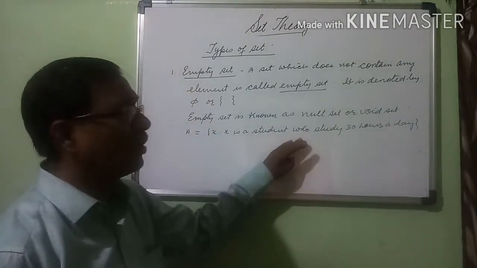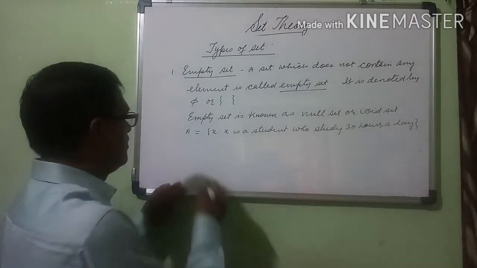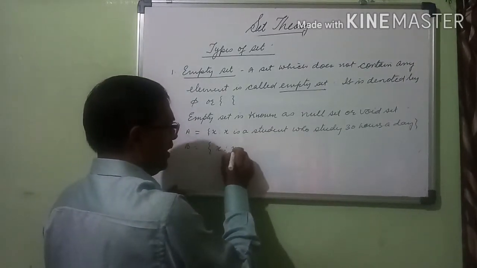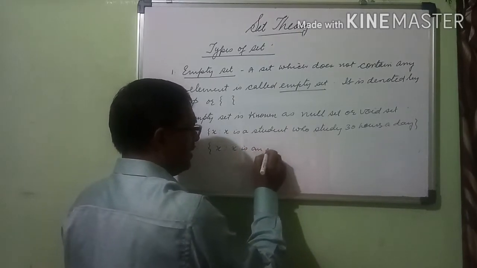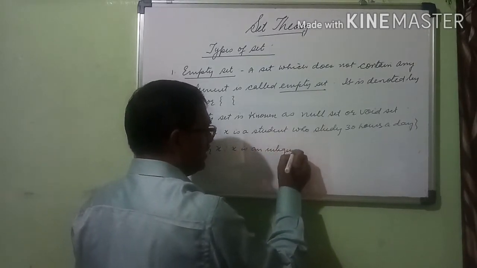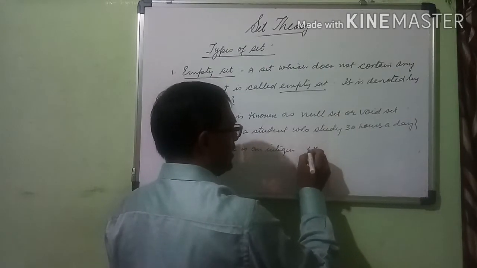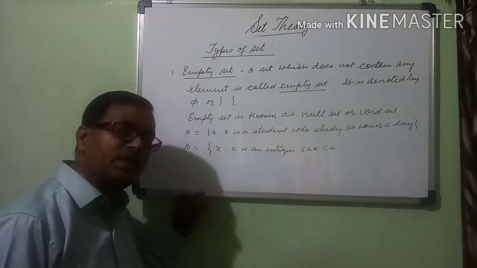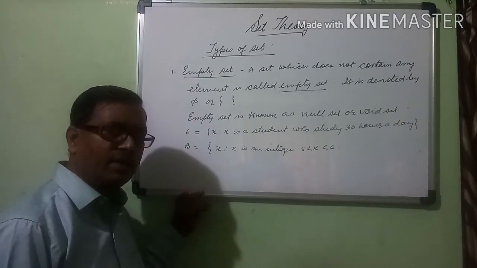That's why it is called an empty set. Second example: x such that x is an integer, x is greater than 5 but less than 6. What are the integers lying between 5 and 6? None.